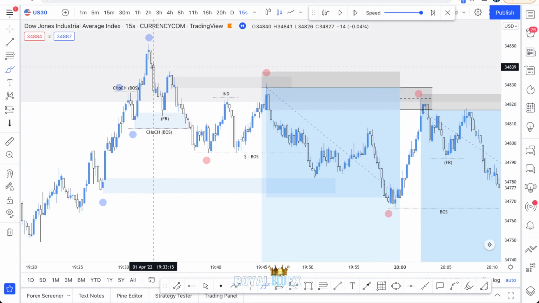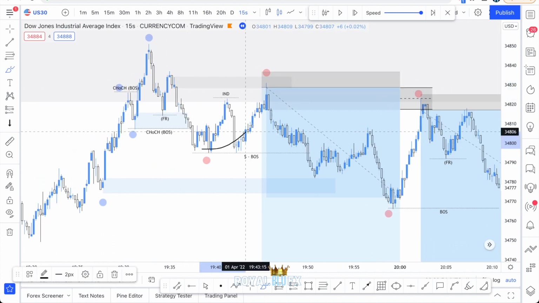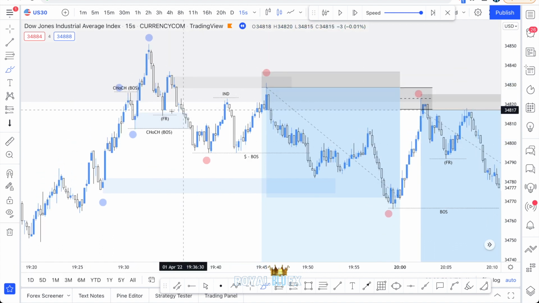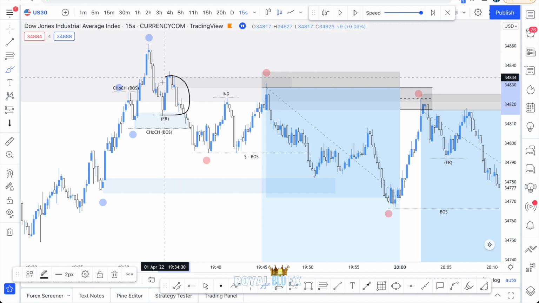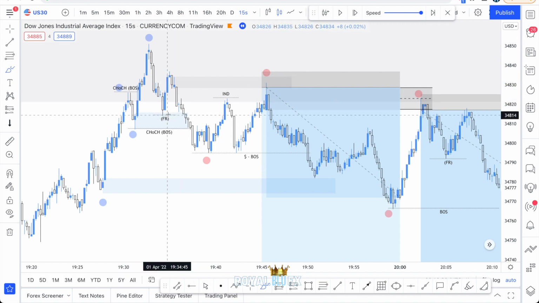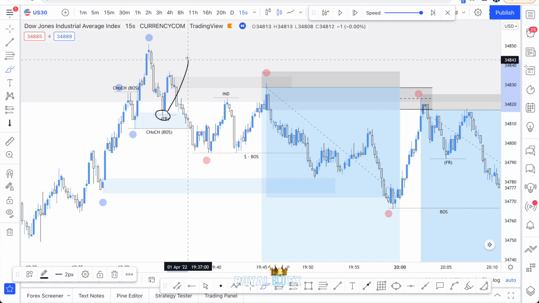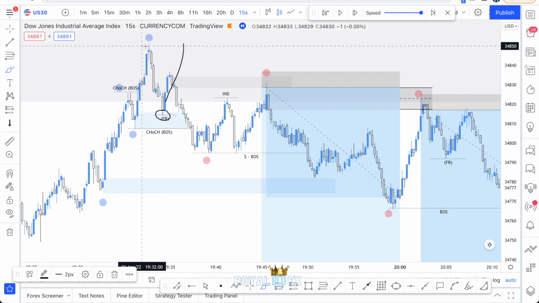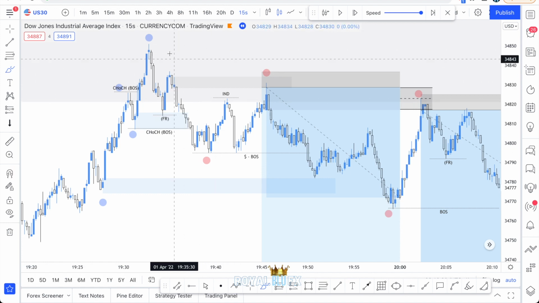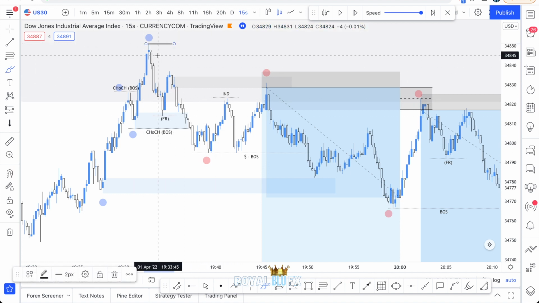Now notice, when price broke structure, we wanted price to retrace. Where do we want price to trace? Back at this last failed reaction attempt, where all the buyers were trying to go bullish to break a new high, but they failed to do so.